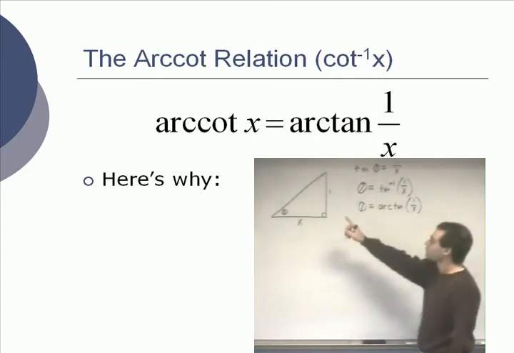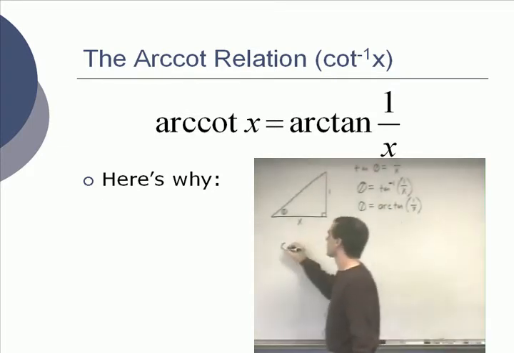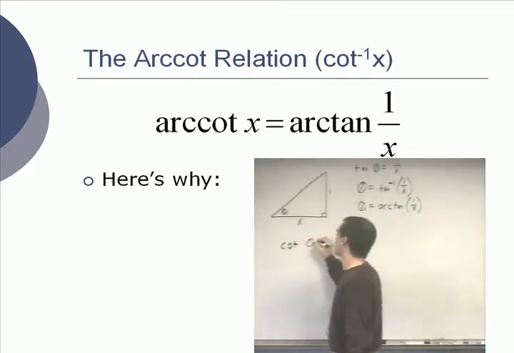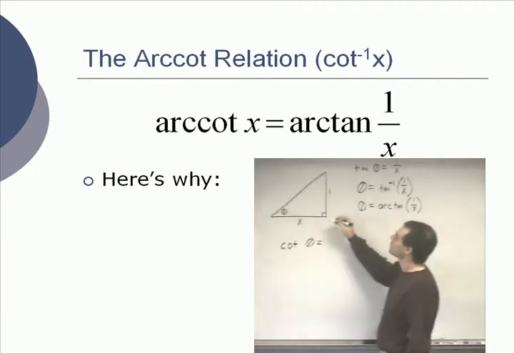Okay, well, let's go back to that triangle for a minute. Tell me, what is the cotangent of theta? Cotangent of theta is not opposite over adjacent, but adjacent over opposite.